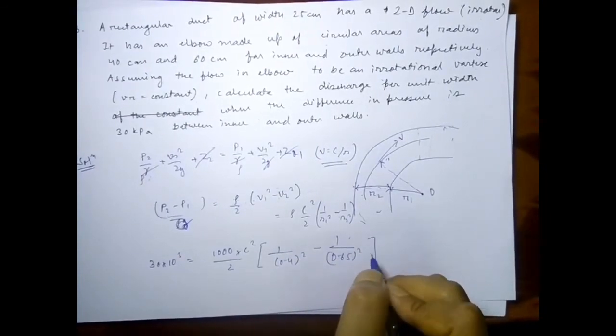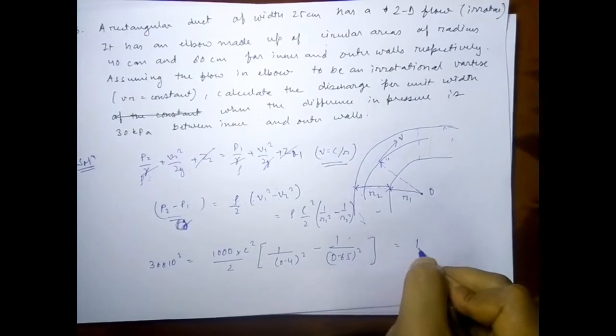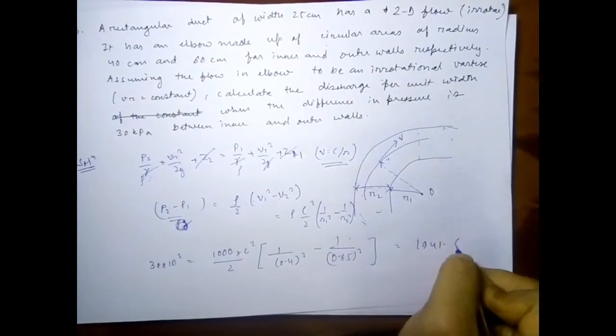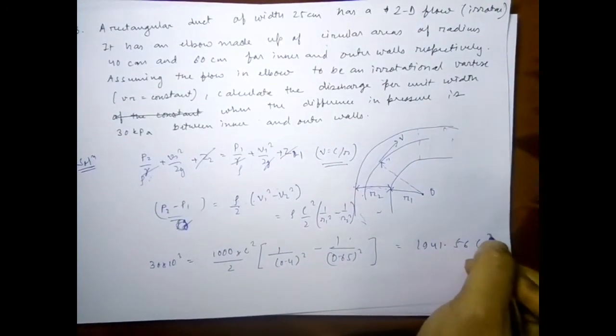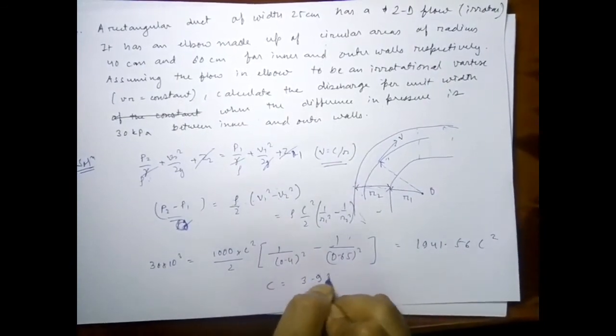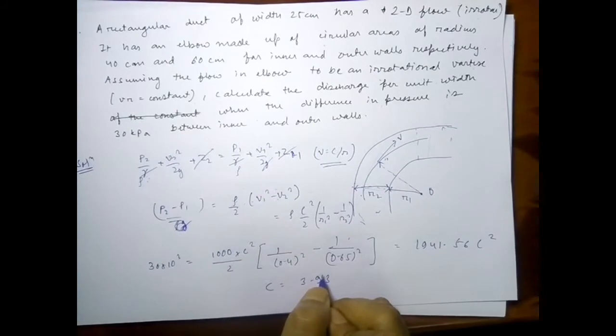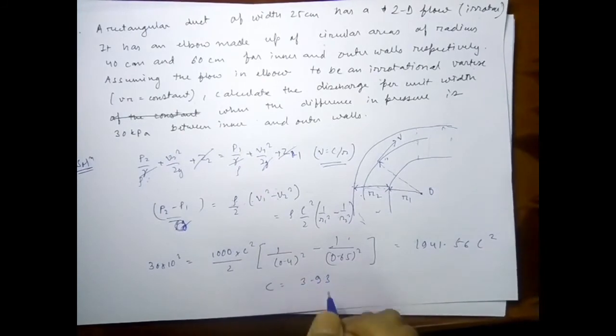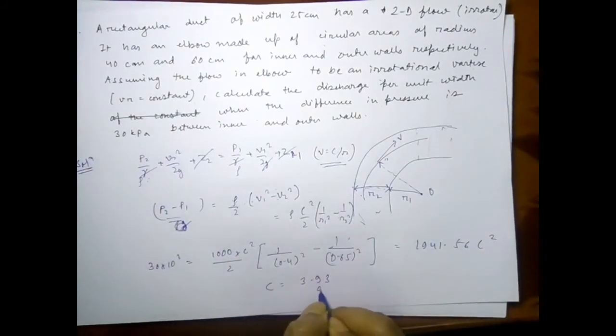So it will be equal to 1941.56 C square, and therefore C is equal to 3.93.